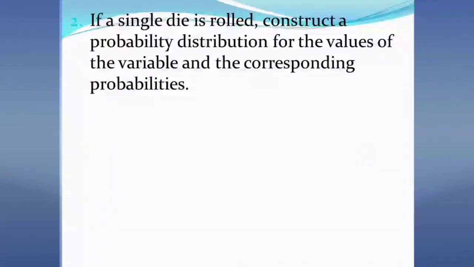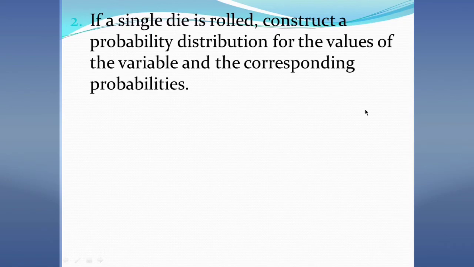Let's proceed to our next example. Number 2: if a single die is rolled, construct a probability distribution for the values of the variable and the corresponding probabilities. If single die lang, the total number of possible outcomes is 6.